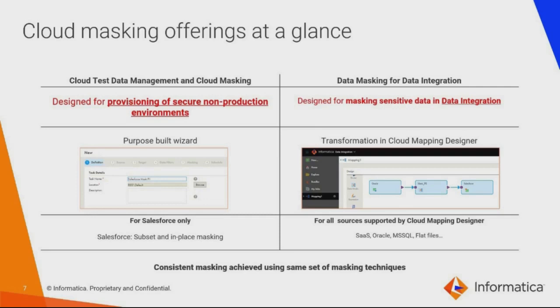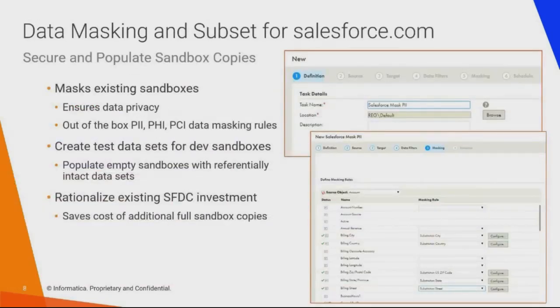And the right part of this slide shows the data masking transformation, which is available in Cloud Mapping Designer for all other supported sources. Test data management is only for Salesforce. Consistent masking is achieved using the same set of masking techniques, which we will deal with at a later point in time. So, data masking and subset of Salesforce data.